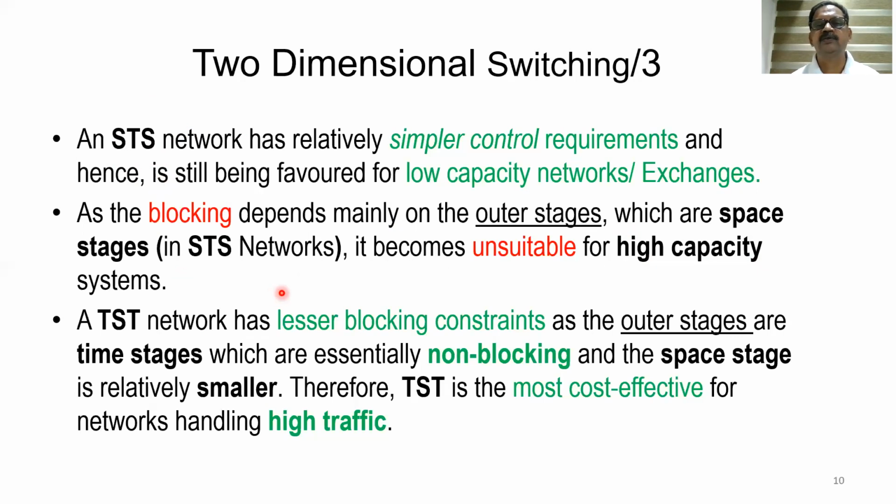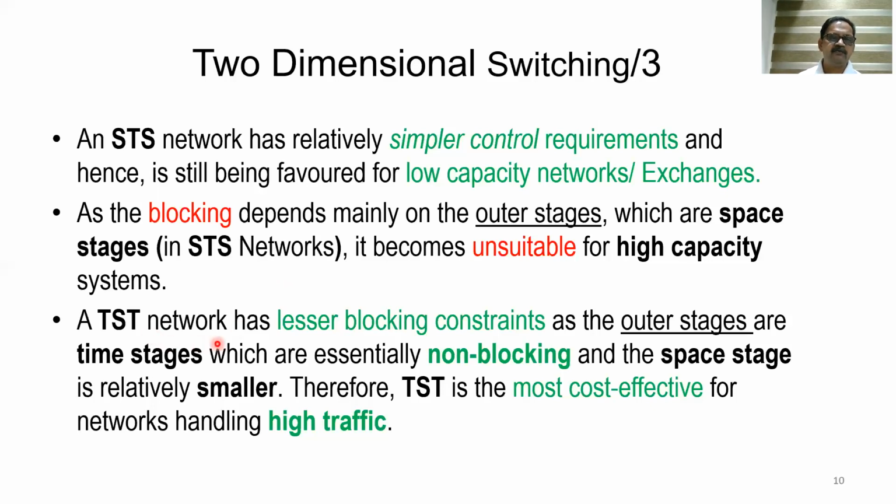Therefore it is unviable for high capacity systems because of the blocking feature. So space switching has the drawback of blocking. It is not non-blocking like a time switch. So this is less preferred for high capacity systems. Only for low capacity systems it is preferred because of its simpler control requirements.